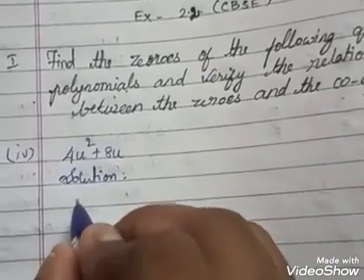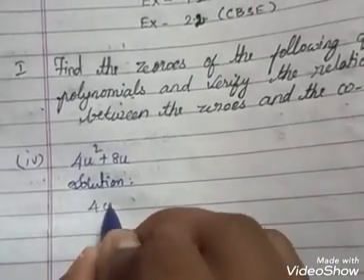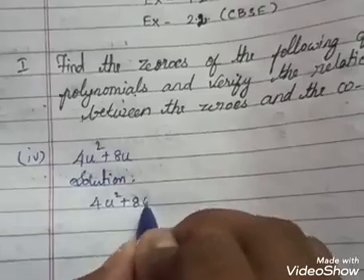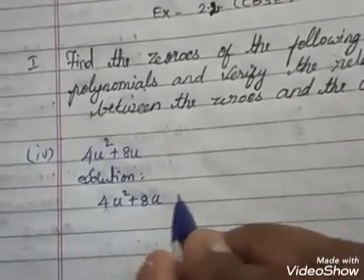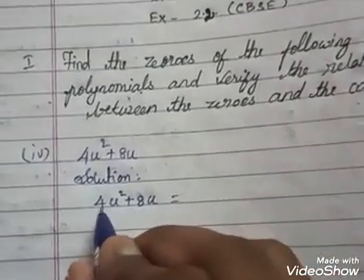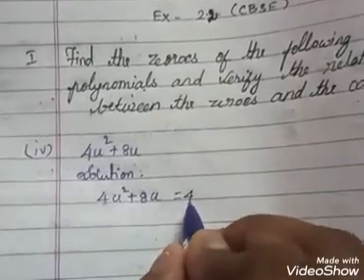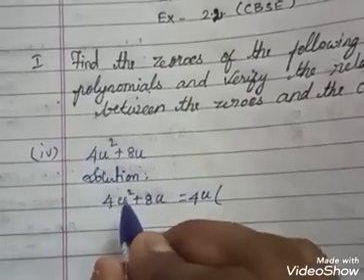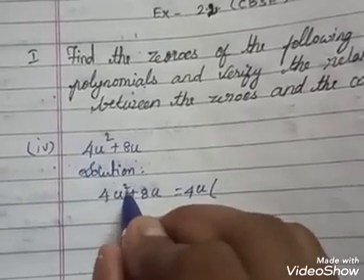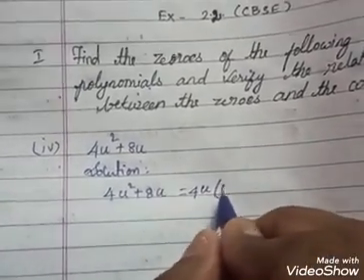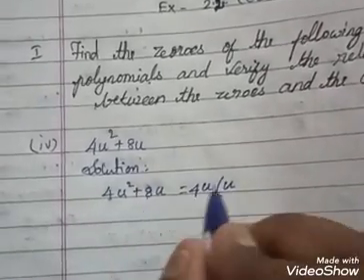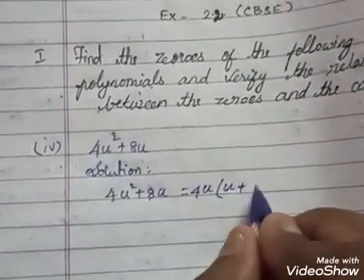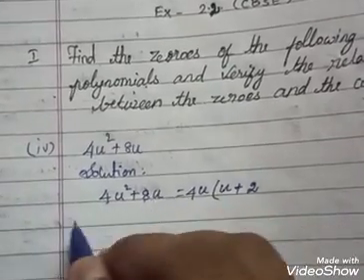Solution. First we need to factorize it. 4u square plus 8u. Here there are only two terms, so I take the common factor. 4 is the common multiple and we take u. Now 4 becomes only 1 times, so from u power 2 we take one u out, remaining u. 2 times 2 fours are 8, and u is already taken out.